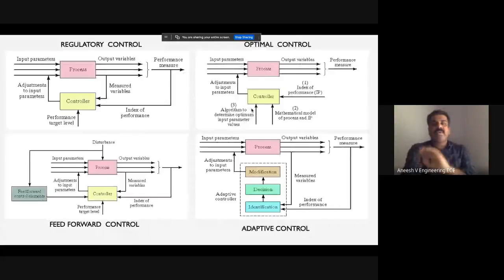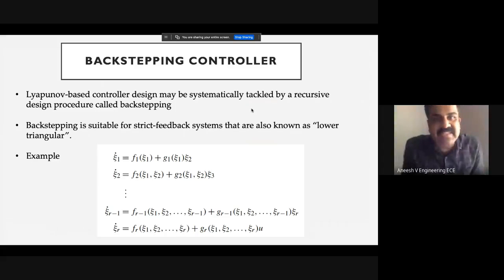Now, along with this, we are using the control called the backstepping controller. For the backstepping controller also, we can add P or PID controllers. It is not exactly a controller. It is a control strategy or control algorithm.